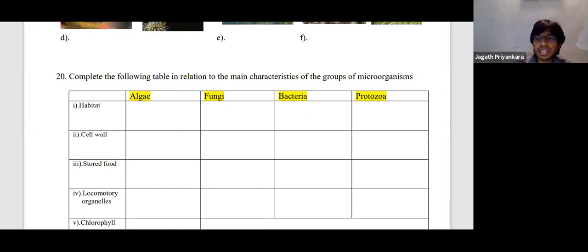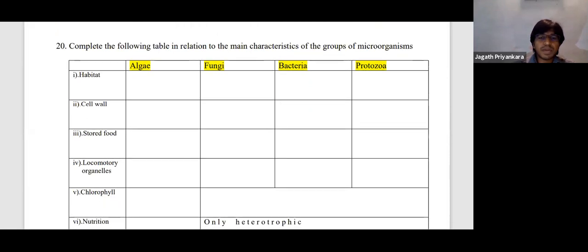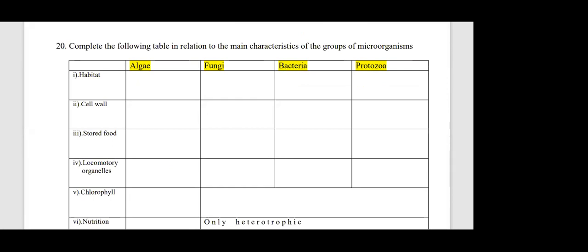Now let's see the habitat. I have summarized all into one table. Let's see the habitat of all these and whether the cell wall is present or not. You can complete the blanks now. First one, habitat of algae, fungi, bacteria and protozoa.